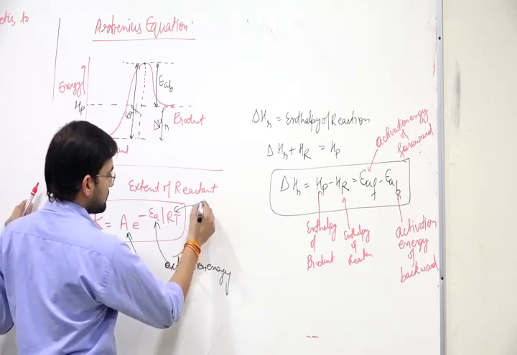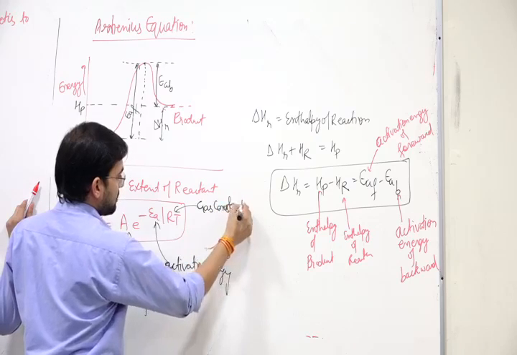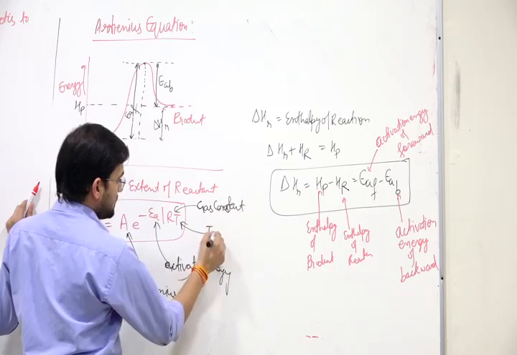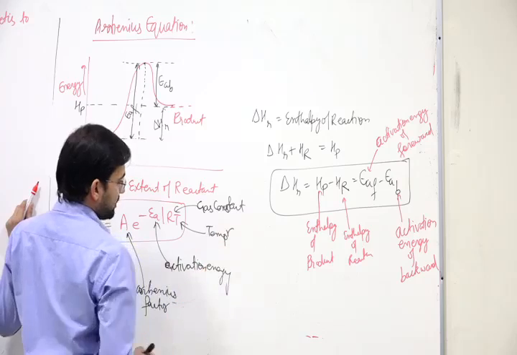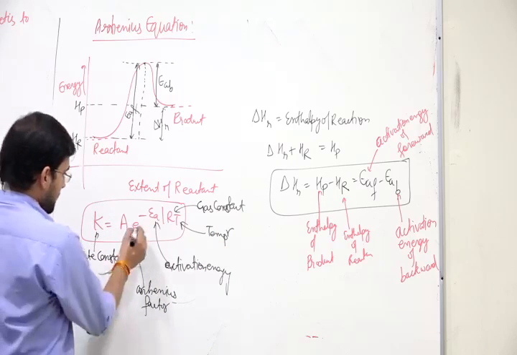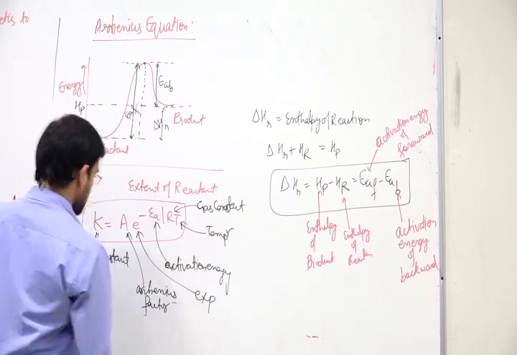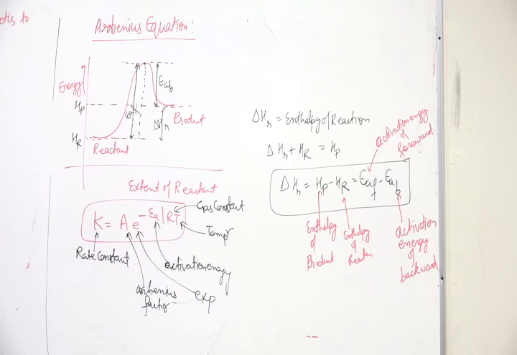R is the gas constant. T is the temperature. E is exponential.